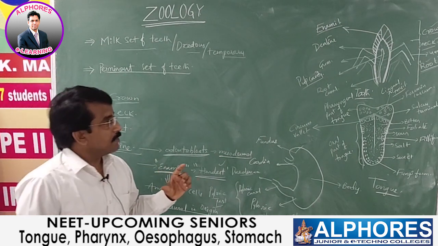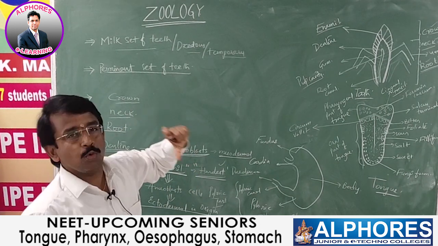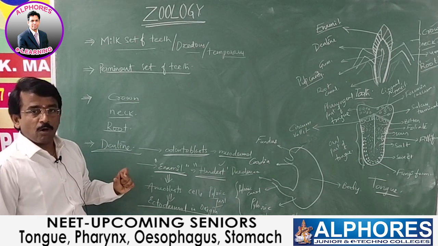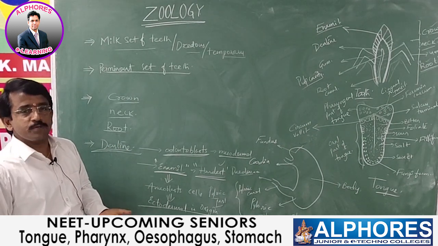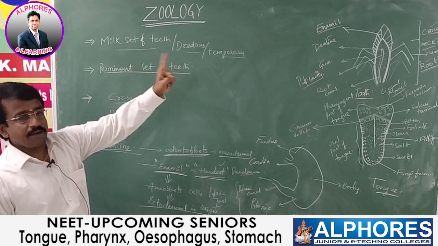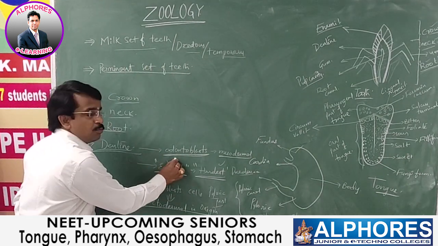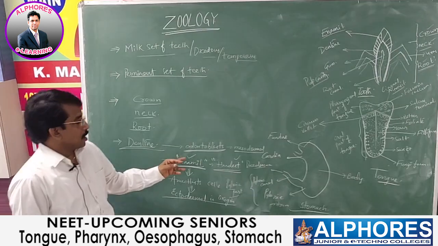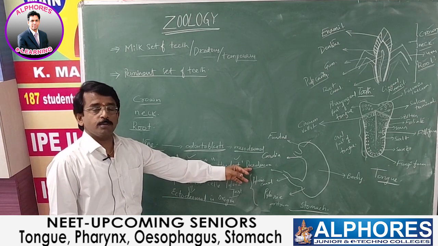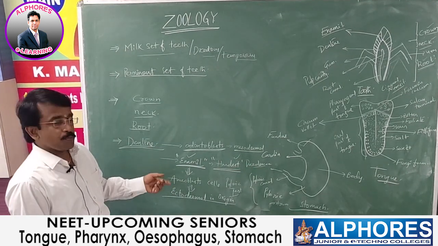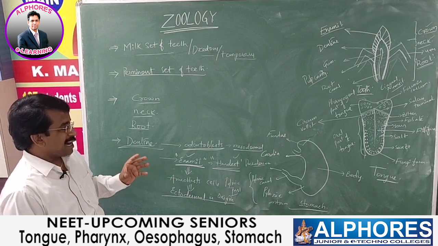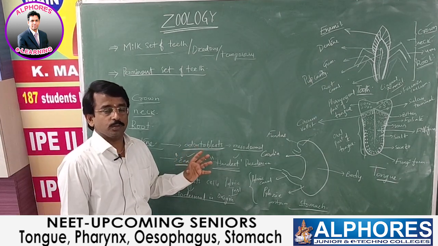The crown part of the dentine is covered by enamel, a whitish structure, the hardest substance, and the root part of the dentine is covered by cement, which covers the root portion of the tooth.